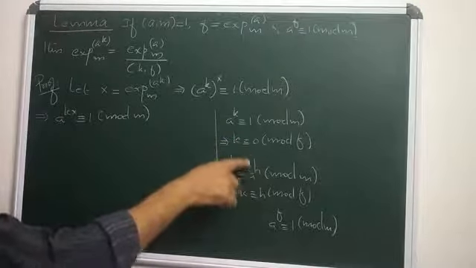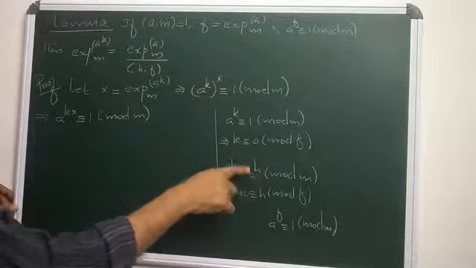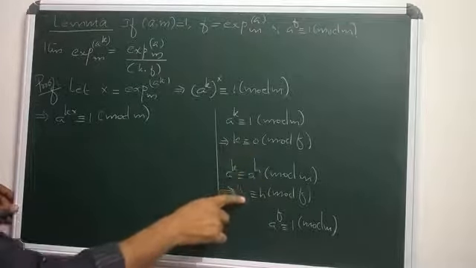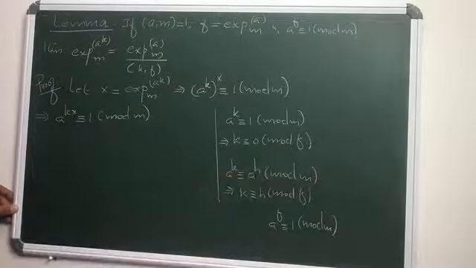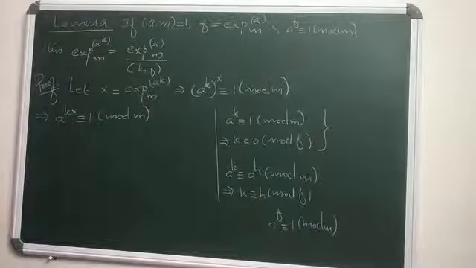So when h equals 0, a to the power 0 is 1, so here k is congruent to 0 mod f. So this is the special case of this result. Yes, we already proved this result: if a to the power k is congruent to 1 mod m, that should imply k is congruent to 0 mod f.